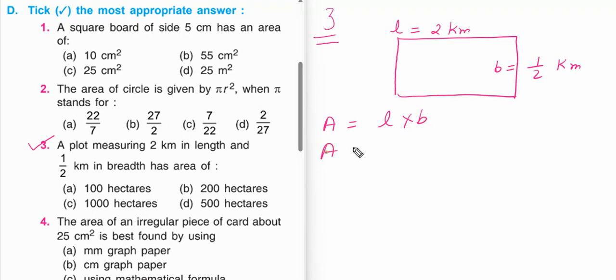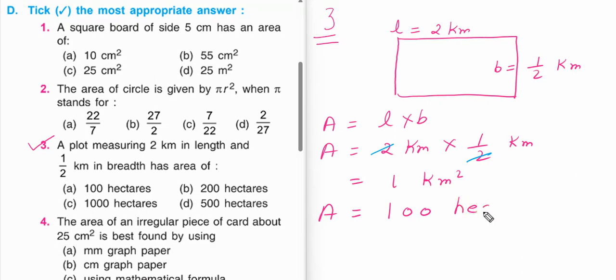So 2 kilometer into 1 upon 2 kilometer. 2 and 2 will cancel each other and it will be 1 kilometer square. And recently I have done 1 kilometer square is equal to 100 hectare. So its correct answer is A. I hope the solution is clear.